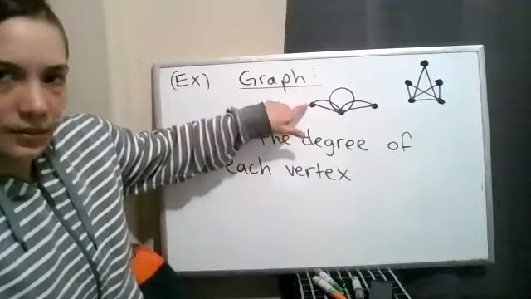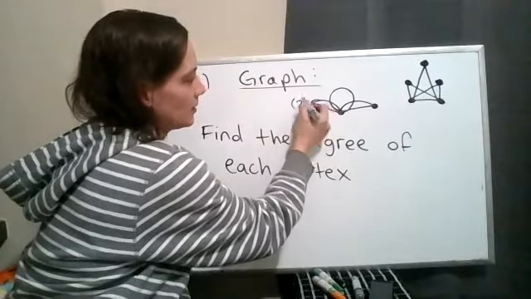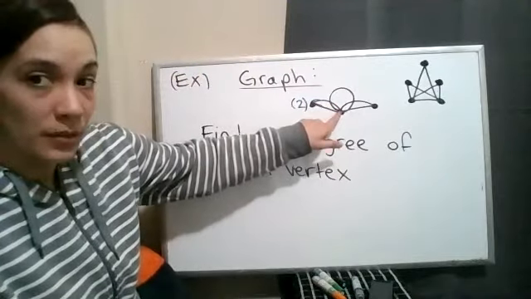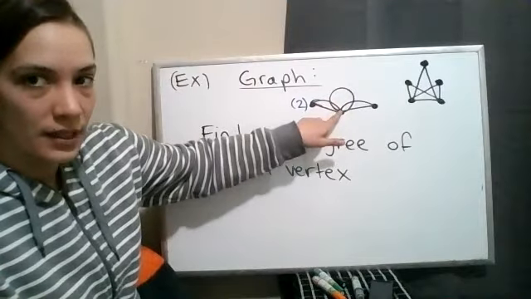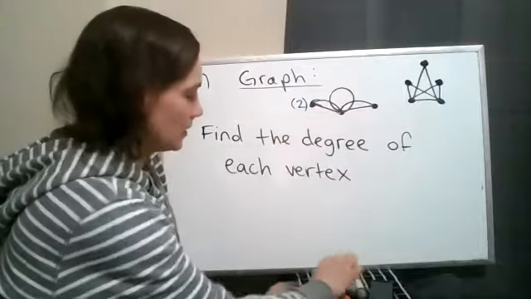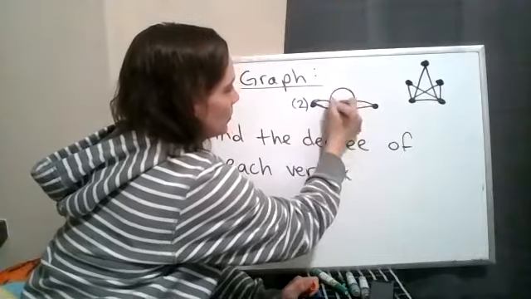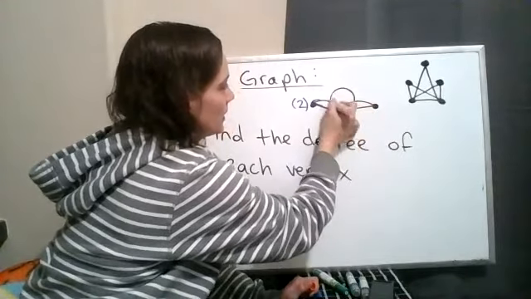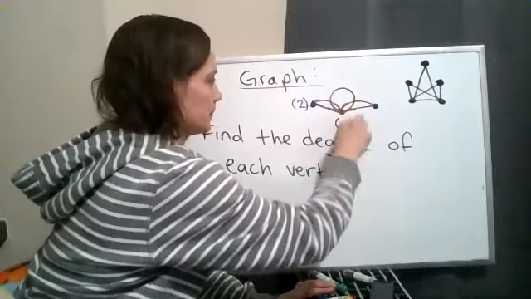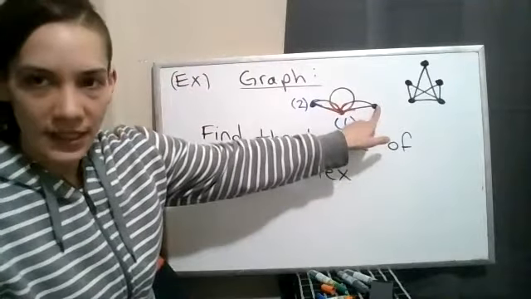Right here, we have degree 2. There are 2 edges that connect. It's a little hard to see this, but the loop contributes 2. So there's 1, 2, then 3, 4, 5, 6. Let's check it out. 1, 2, 3, 4, 5, 6. And then this vertex here has degree 2.